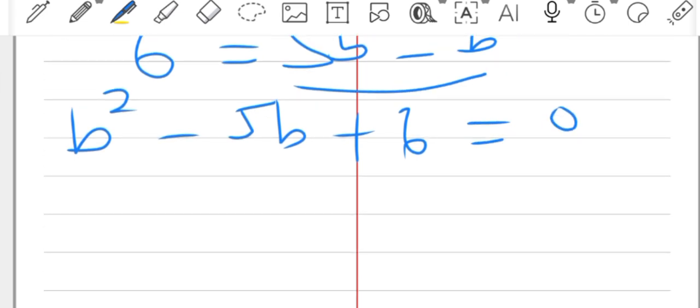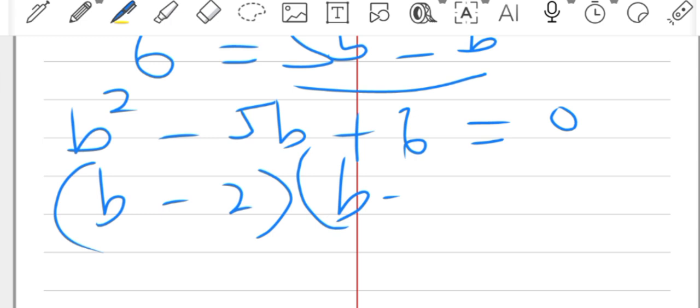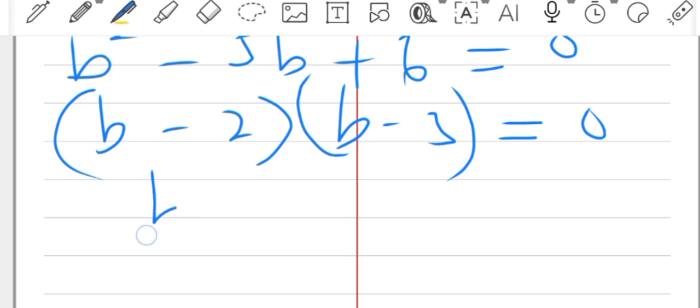We find two roots which satisfy this equation, and we are expected to get b minus 2 and b minus 3 equal to 0. This means our b should be equal to 2 or 3.